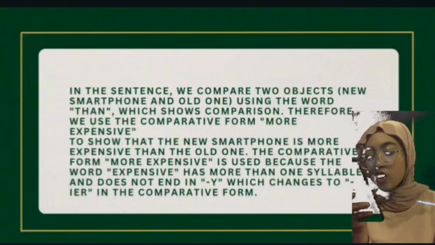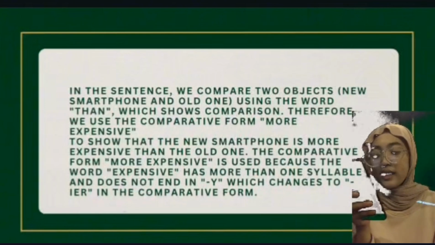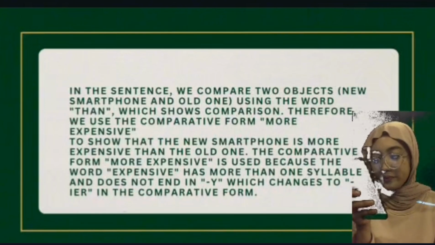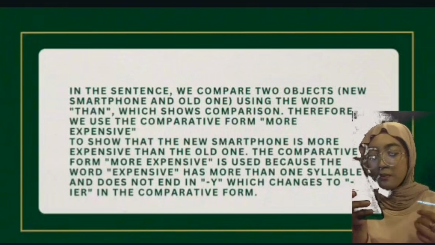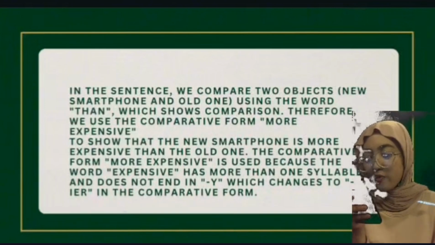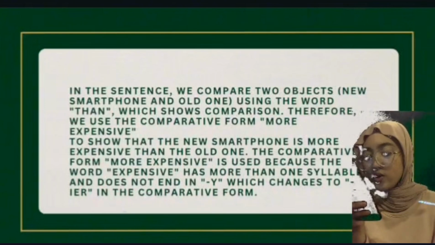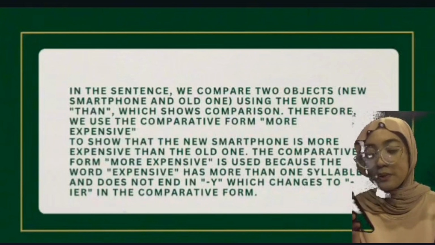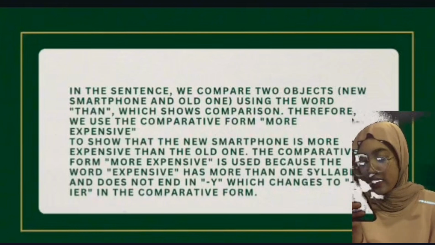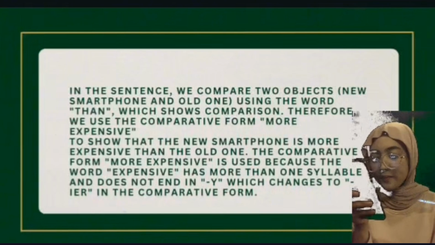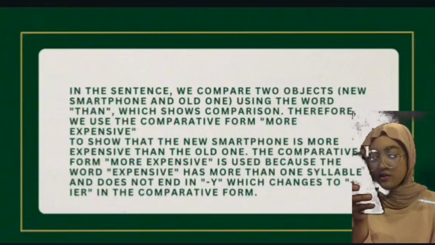Therefore, we use the comparative form, more expensive. The comparative form more expensive is used because the word expensive has more than one syllable and does not end in y, which changes to i in the comparative form.